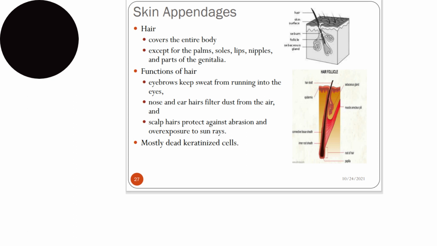Okay, so you can go through by yourself the function of hair. Like usually hair, for example, dekat kita punya nose, dia akan filter dust from entering kita punya respiratory system. Okay.